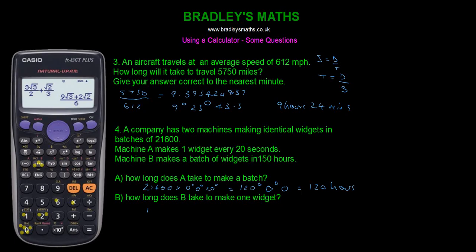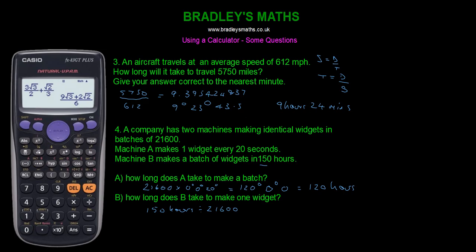This is 150 hours, then, divided by the number of widgets, 21,600 in a batch. Okay, 150 hours divided by 21,600 widgets. Okay, let's clean these off and let's see how we do this.